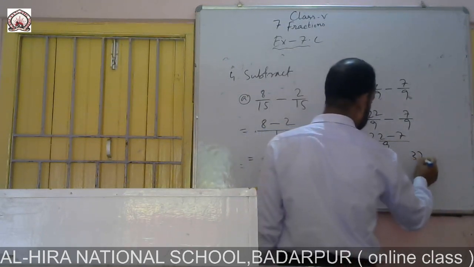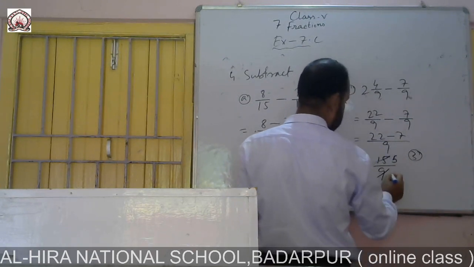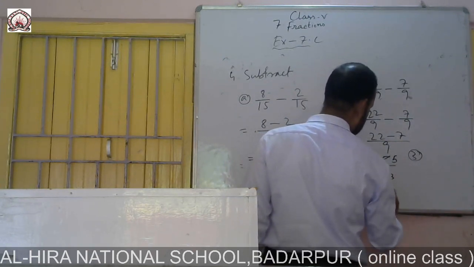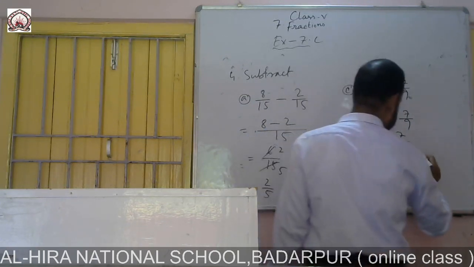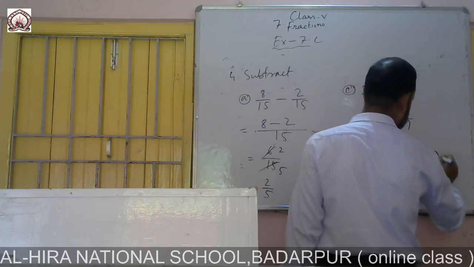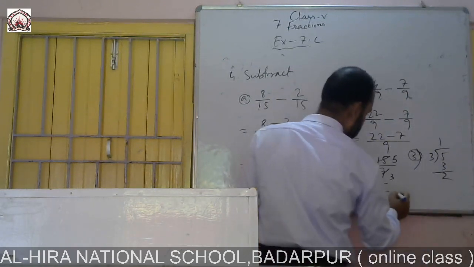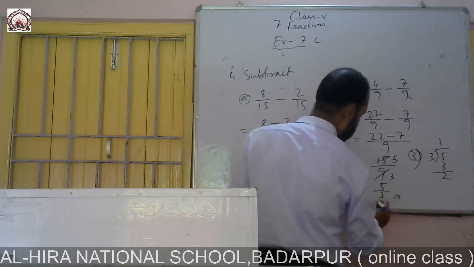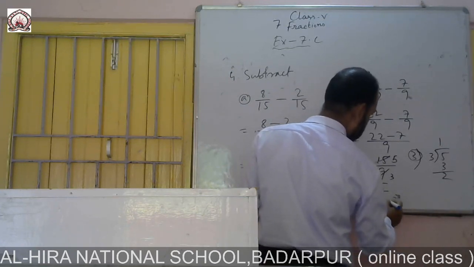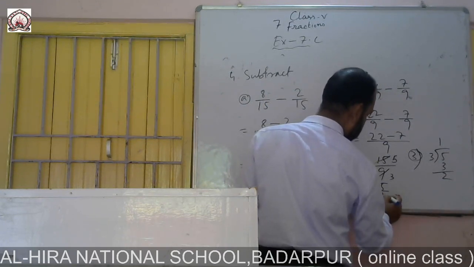Cut with 3. 3 5 jar 15 and 3 3 jar 9. So 5 by 3. If we make it a mixed fraction, then 3 1 jar 3, remain 2. Answer is 1 2 by 3.